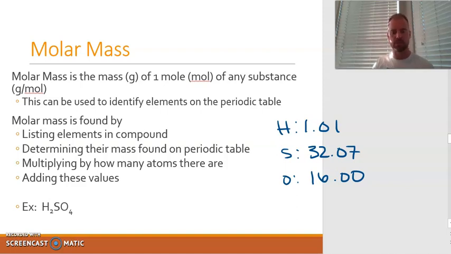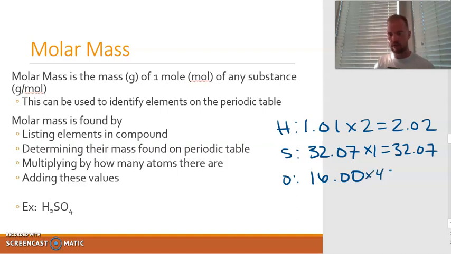That comes from the subscripts in the formula. Looks like I have 2 hydrogens, so I'm going to multiply that by 2. I have 1 sulfur, so multiply that by 1. And then oxygen, I have 4. All right, so those are the masses for hydrogen, sulfur, and oxygen.